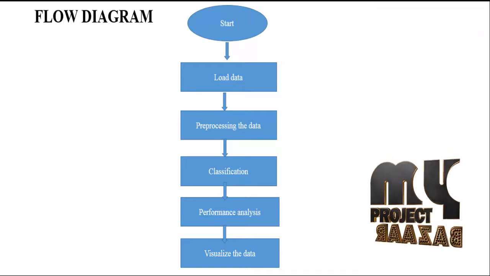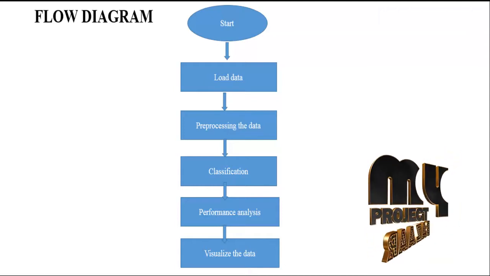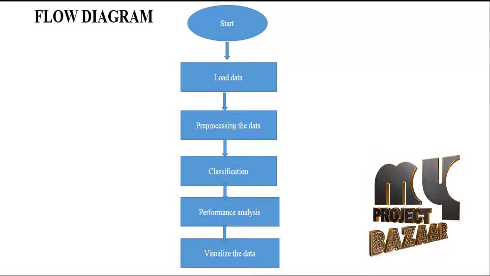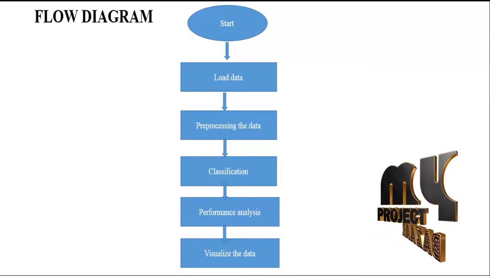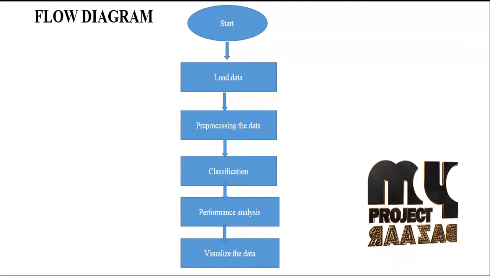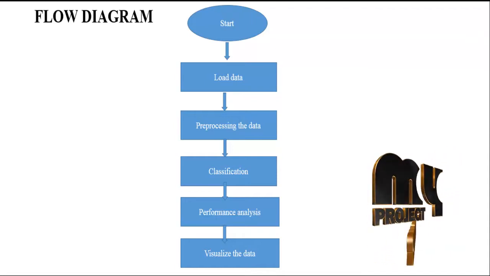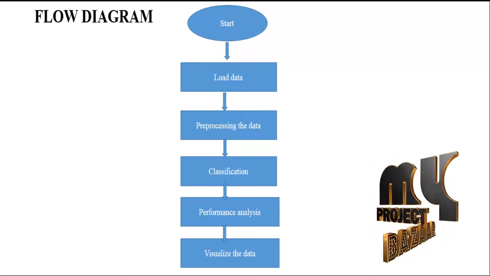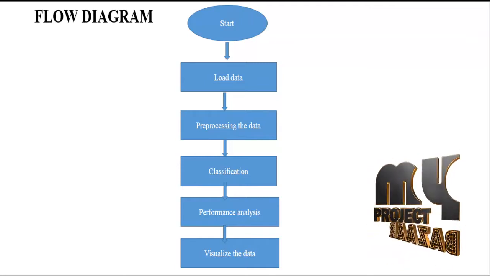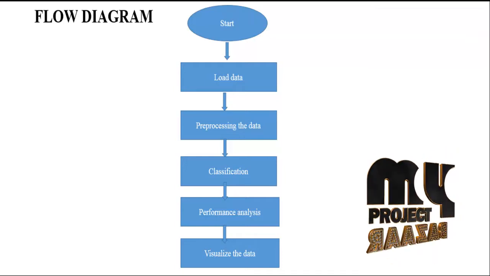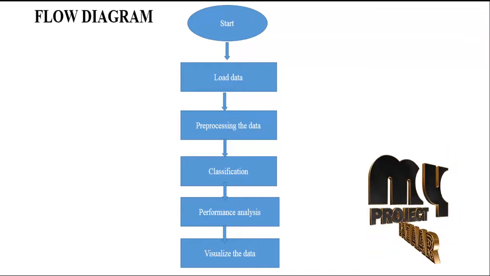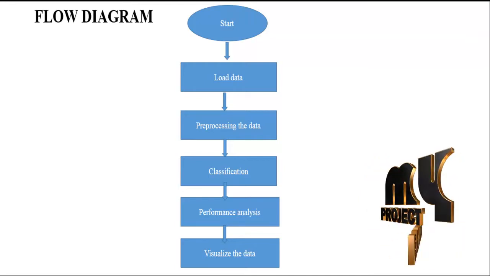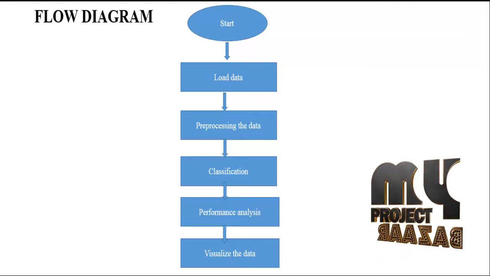Here we are splitting the dataset in the form of a ratio, that is 70 to 30. 70 is present in training, 30 is present in testing. Finally, the experimental result shows the performance metrics like precision, recall, F1 score, and accuracy. Finally, we have to compare the two algorithms in the form of a graph.